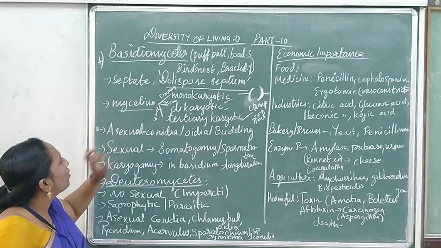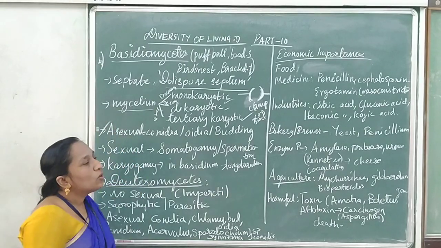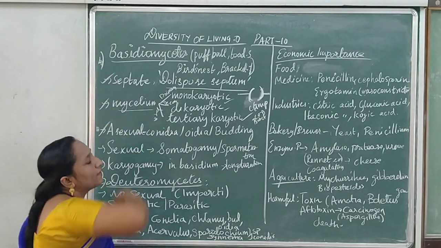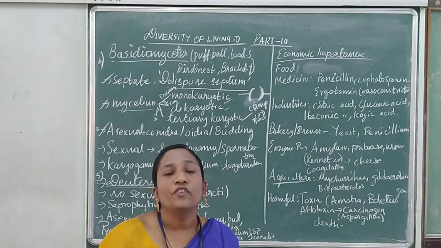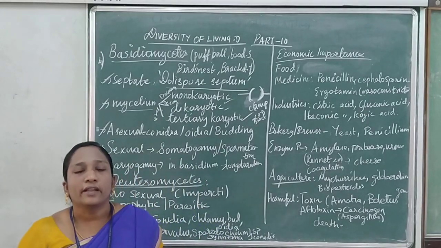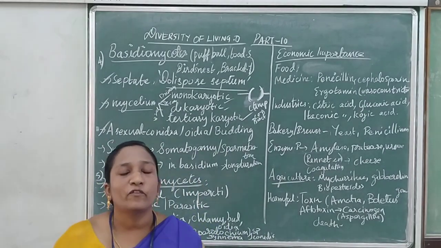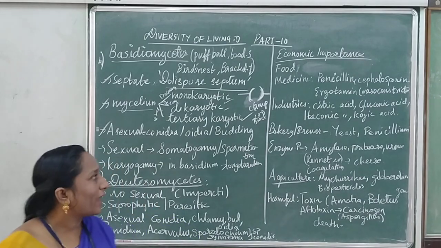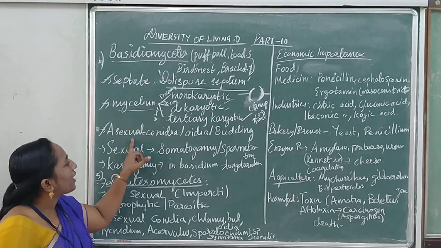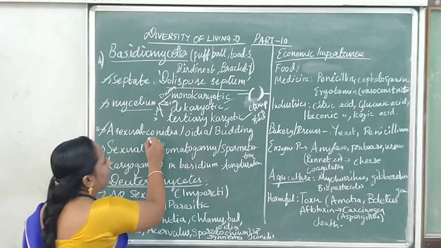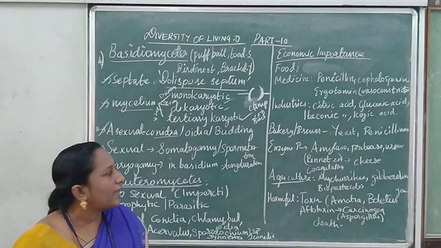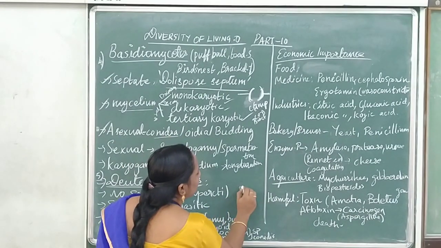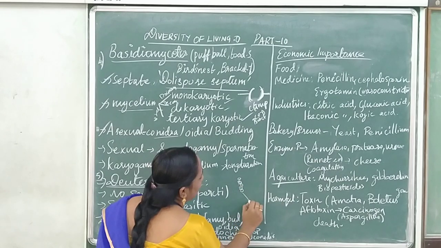And next, the asexual mode of reproduction. What is meant by asexual? Without the fusion of gametes, the formation of a new species is called asexual reproduction. This asexual reproduction takes place by means of conidia. Do you remember what conidia is? A special bulb-like structure, especially in Aspergillus.